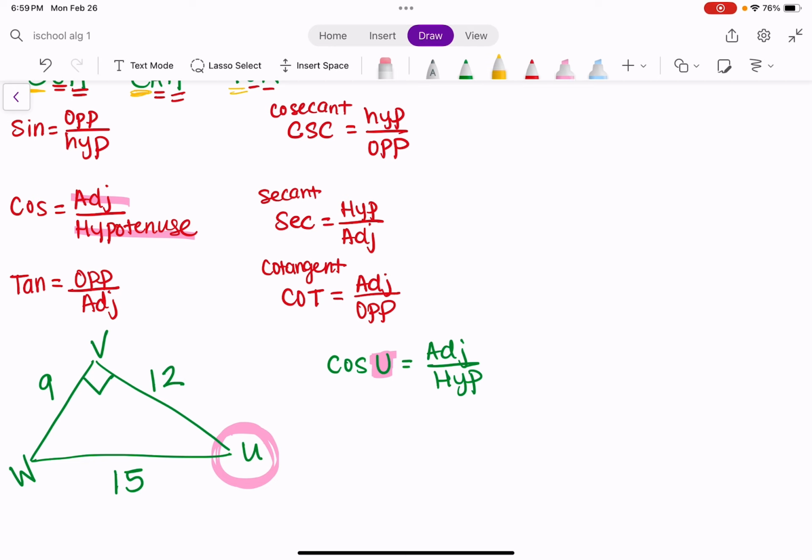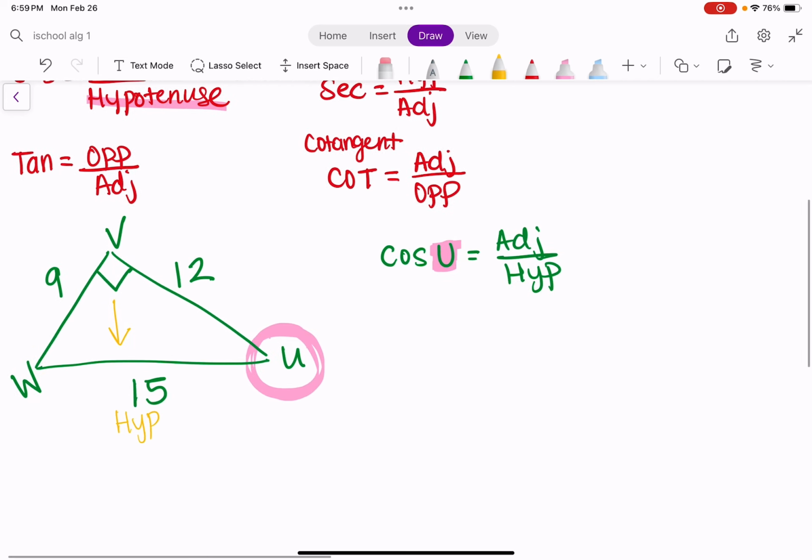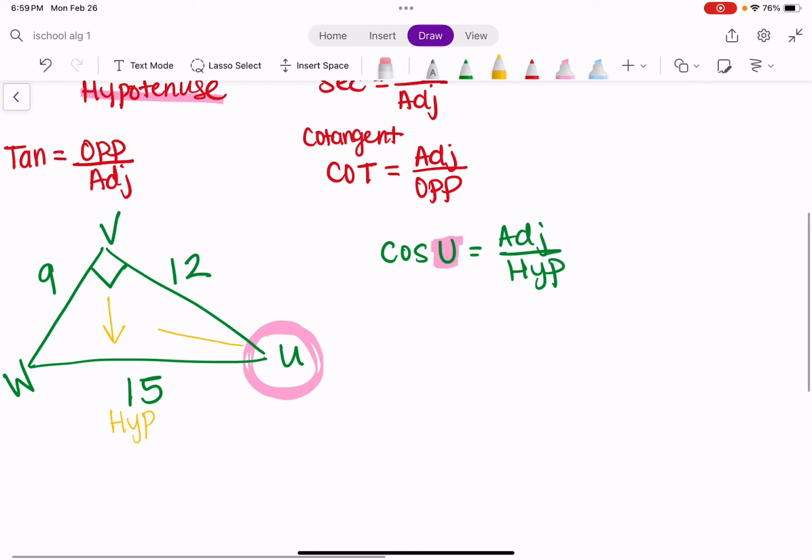Now the easiest for me to identify first is the hypotenuse, right? That's always across from the 90-degree angle. Then I like to identify the opposite. The opposite is always the side across from the angle you circled. So in this case, the opposite is 9, which means the one that's left is adjacent. So 12 is adjacent. So cosine of u is adjacent over hypotenuse, while my adjacent is 12 and my hypotenuse is 15.